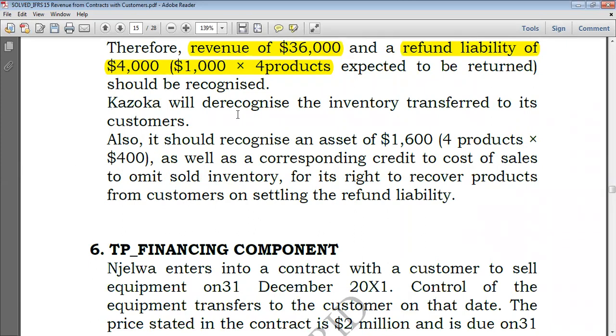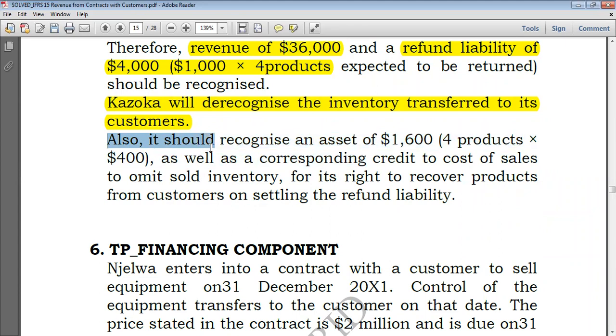And then we are told Kazoka will recognize the inventory transferred to its customers. It's obvious the customer has returned goods to you, so it's very much obvious that you would have to recognize the inventory. And then we're told also it should recognize an asset of 1,600. That is 4 products times 400. You know, 400 means what?